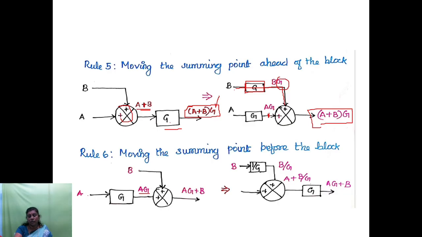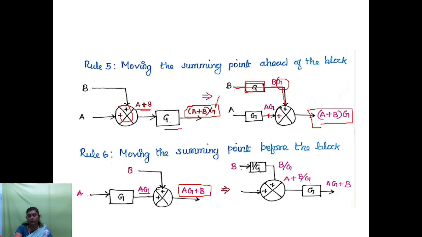And at this point I am having the input B. So the final output is AG plus B. So whenever I am shifting the summing point before the block, I should get the same output, AG plus B.